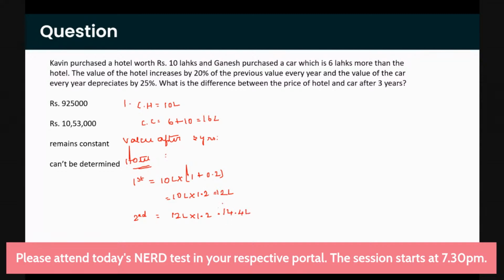At the end of the second year, the hotel's worth will be 14.4 lakhs. In the third year, 14.4 into 1.2 is equal to 17.28 lakhs. So at the end of the third year, the hotel's worth increases to 17.28 lakhs.